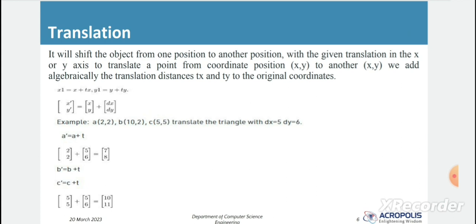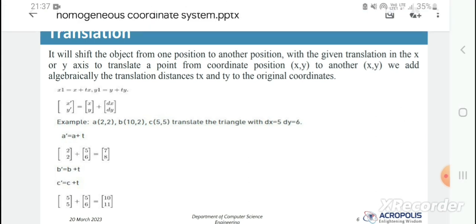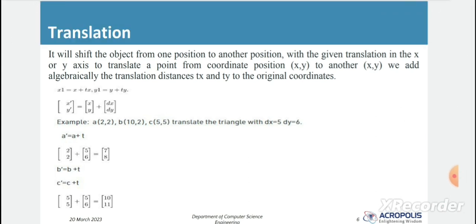If someone asks us to translate the triangle with dx equal to 5 and dy equal to 6, we simply add it to our particular coordinates. A dash will be A plus t, that is 2 plus 5, 2 plus 6, which is 7, 8. So this was all about translation.